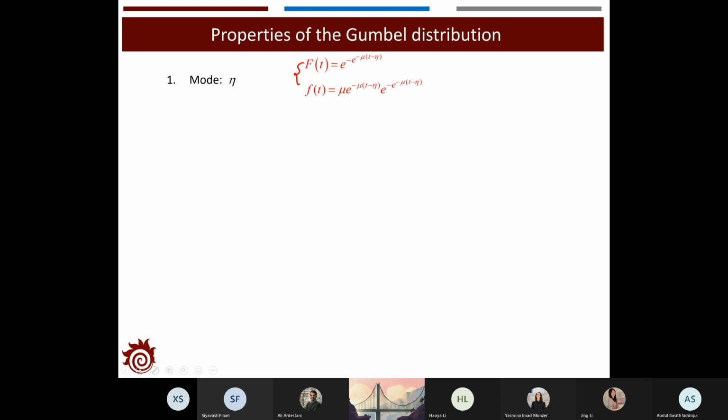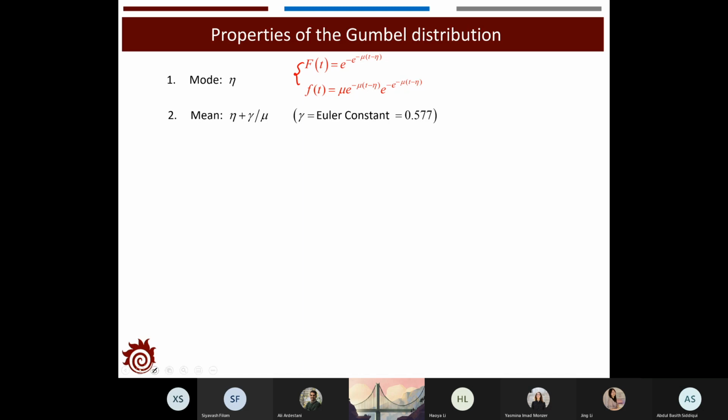So this is where the highest probability can be observed. The mean equals eta plus gamma divided by mu. Here, gamma is the Euler constant, 0.577.